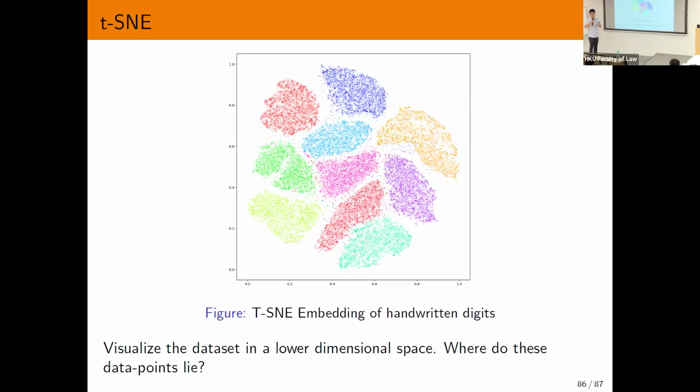Through that process, you can reason about where these digits are occupying in the high dimensional space. And so they see all these communities, ten different communities corresponding to ten different numbers. Not everything is perfect. There are some that are occupying other space as well.